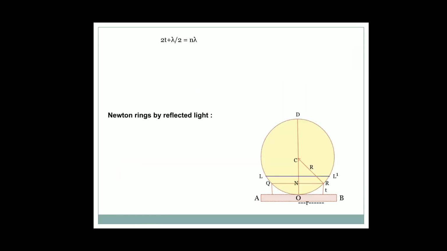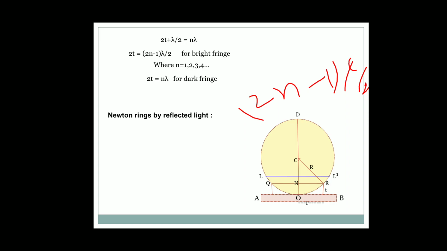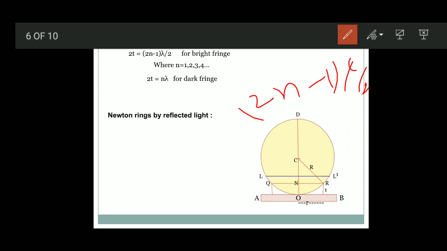So we know 2t plus λ/2 is nλ for the bright ring, that is 2t is equal to (2n minus 1) into λ/2, where n is a natural number, that is 1, 2, 3, 4 and so on. Of course, we know for the dark fringe, the path difference 2t plus λ/2 is equal to (2n plus 1) into λ/2, from which 2t is equal to nλ, where the λ/2 terms cancel.